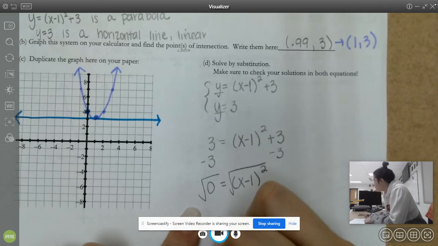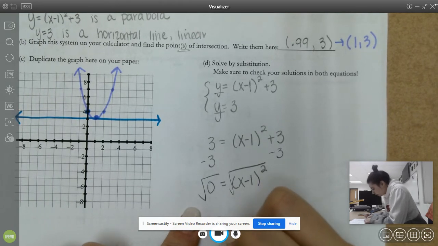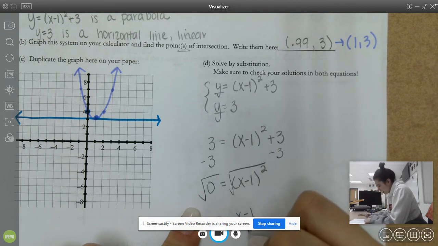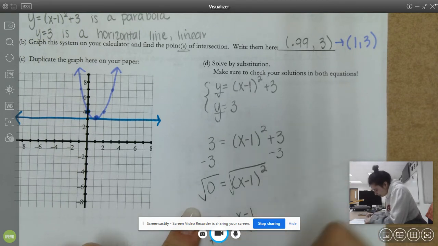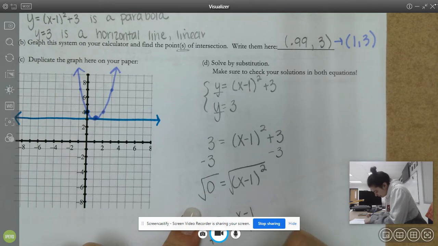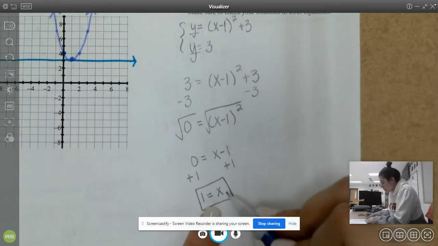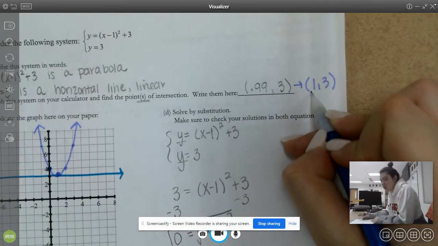The square root of 0 is just 0, and we're left with x minus 1 on this side. To get x by itself, we add 1 to both sides, and we see that x is equal to 1. So we found algebraically that x is equal to 1.